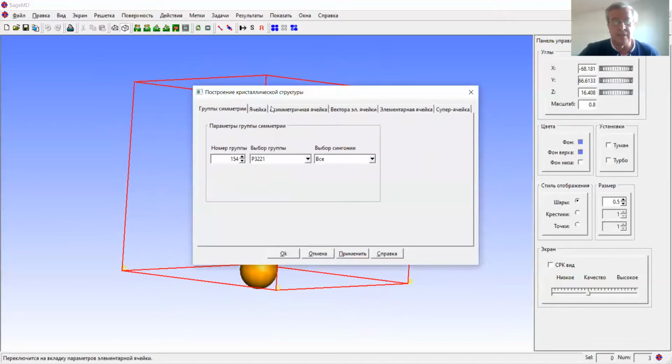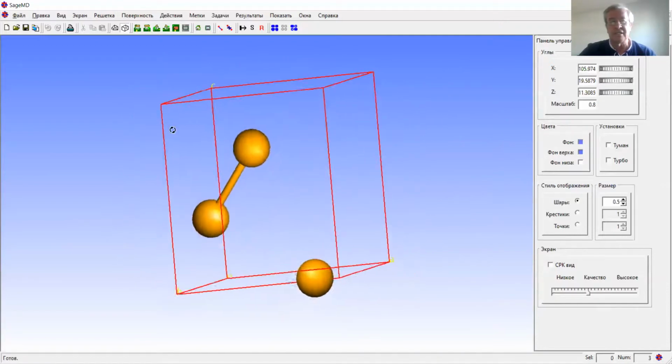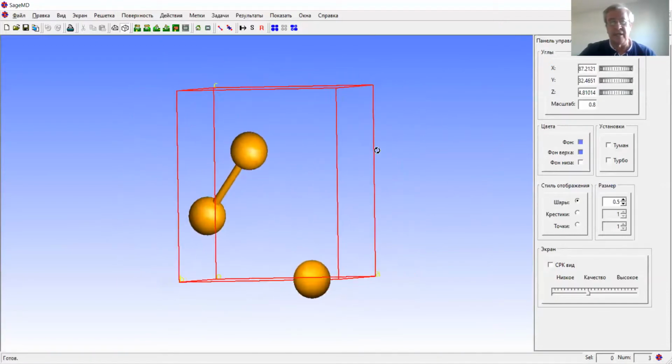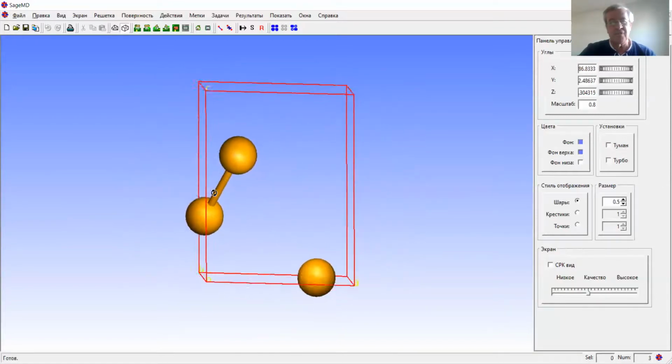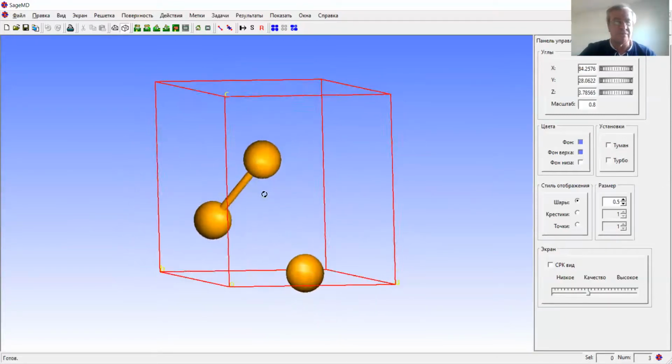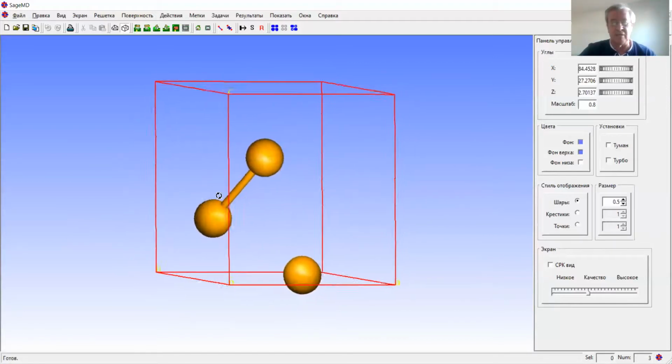Yes, so A and B are the same, C is different, 90 degrees and 90 degrees for 2 angles, and 120 degrees for the third angle. Since the unit cell has only 3 atoms, we cannot easily guess how it forms the chemical bonding.